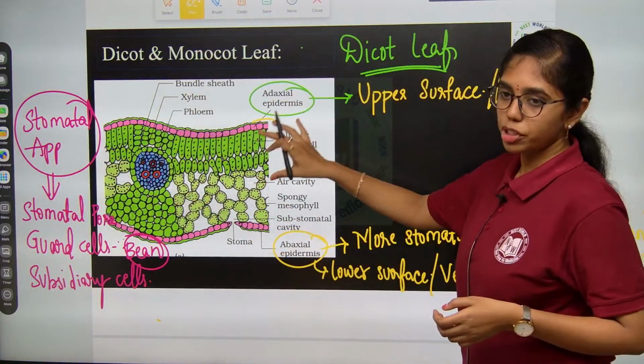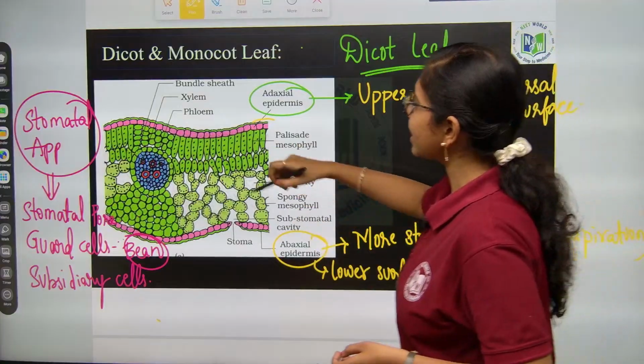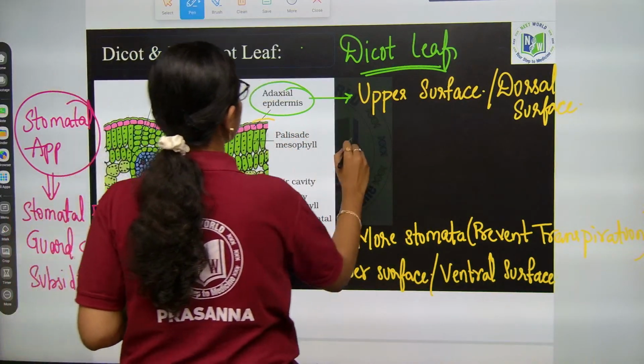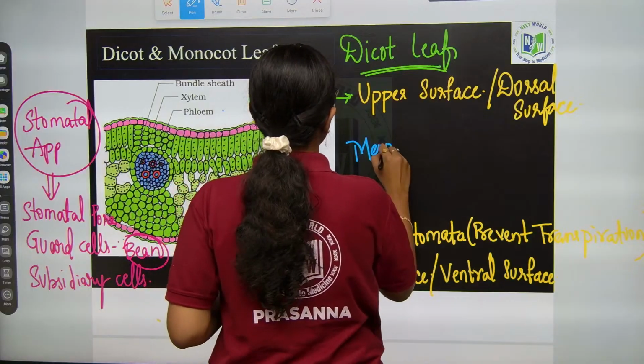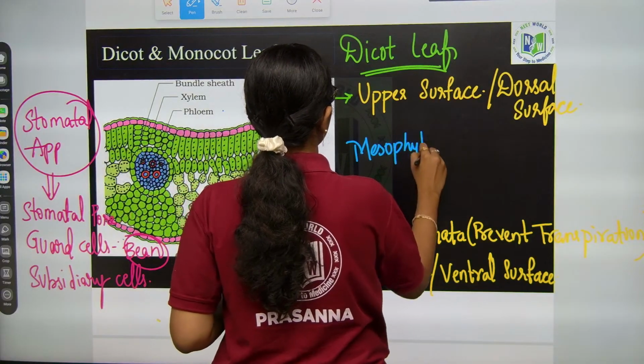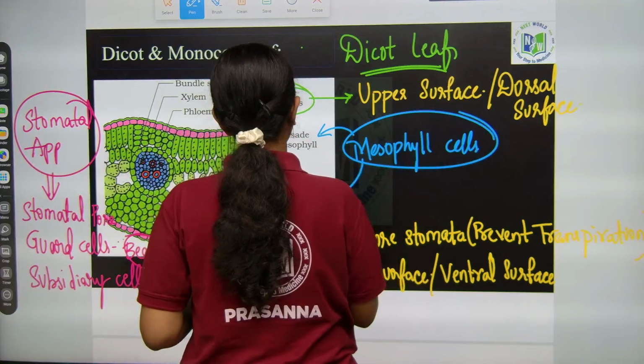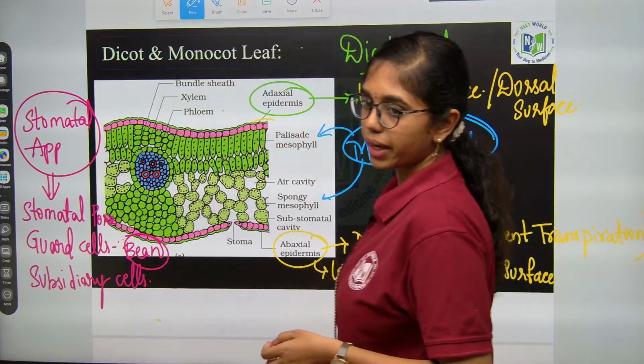Now looking into the cortical region or the ground tissue system of the leaf, which includes what, ma? Purely mesophyll cells. Mesophyll cells are differentiated into what? Palisade parenchyma and spongy parenchyma. Clear, right?